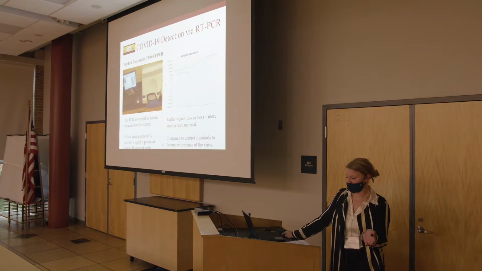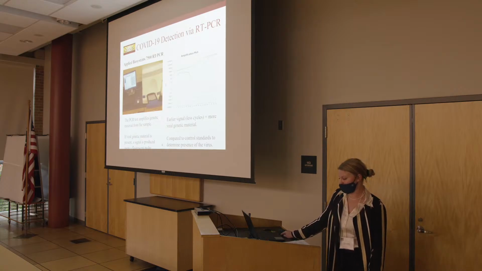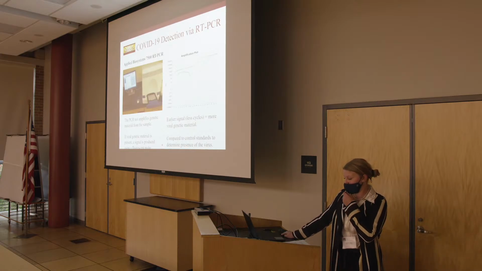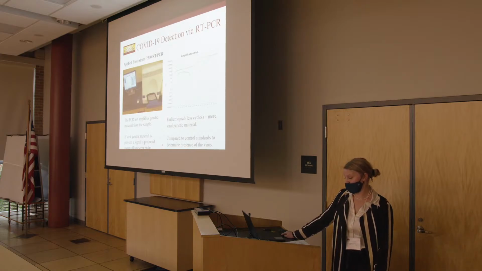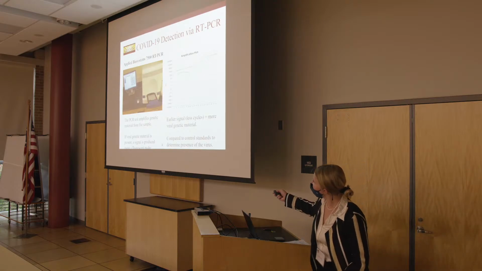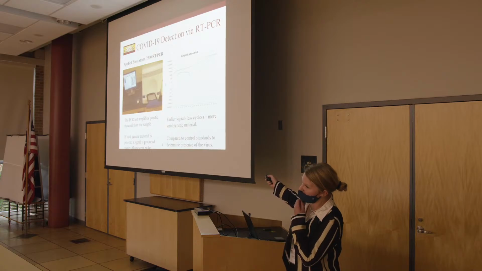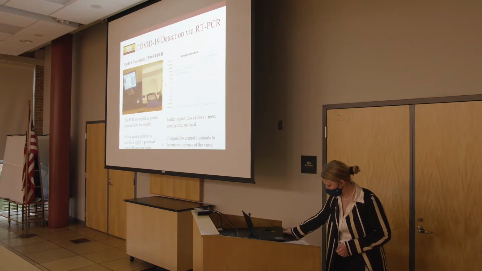If the viral genetic material is present, the signal is produced using a fluorescent probe, and we're able to tell based upon the control standards if the viral load is present and if we can therefore call a patient positive. So here you can see our standards, and this yellow curve right here would be someone who's considered positive for COVID-19.